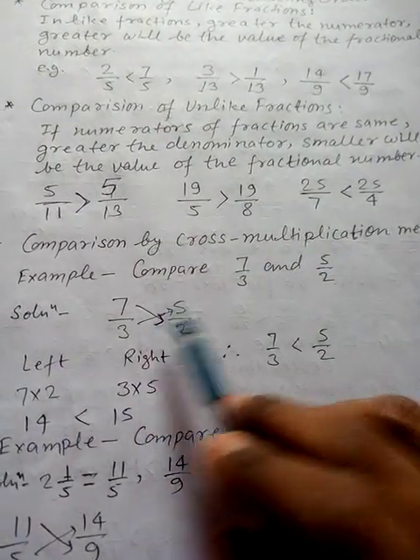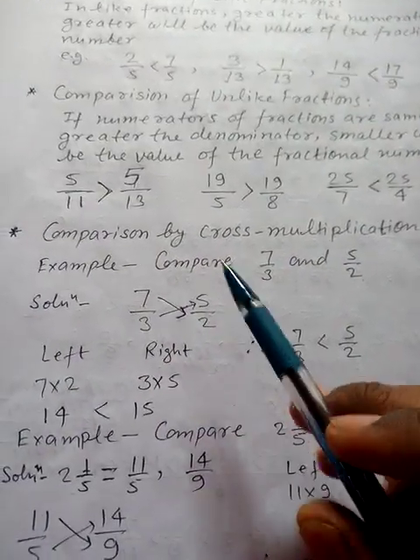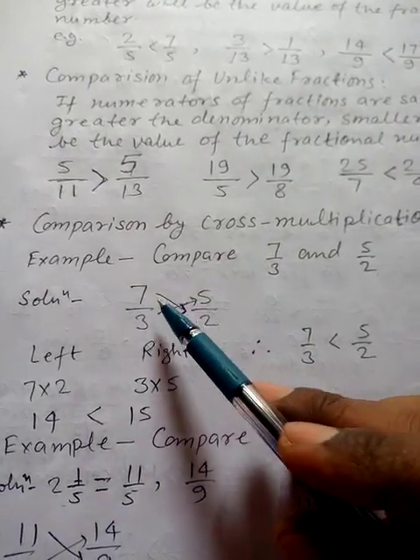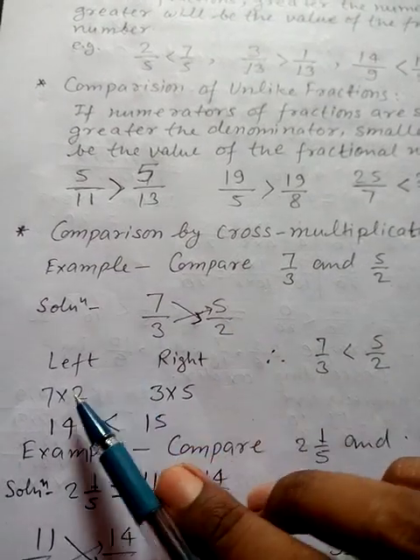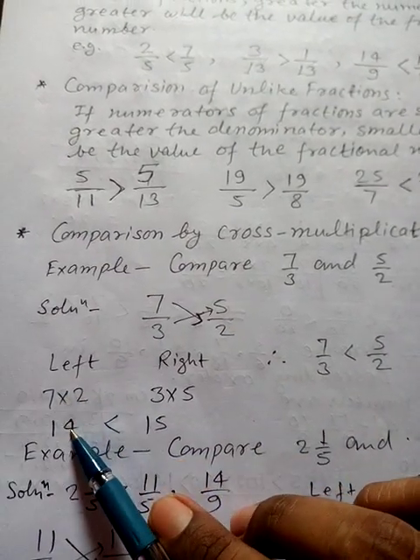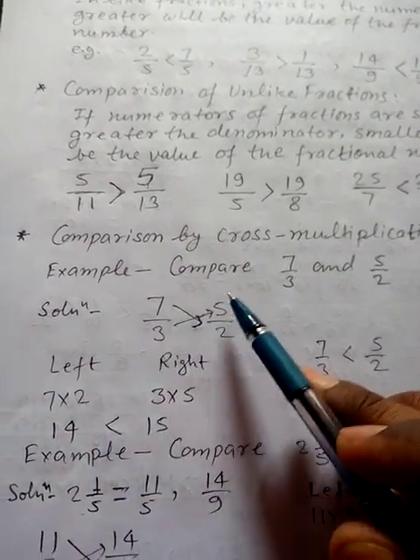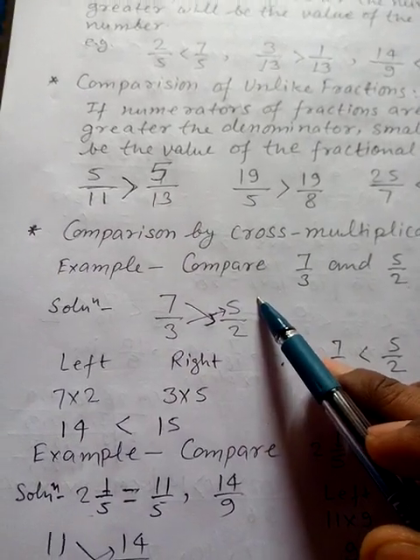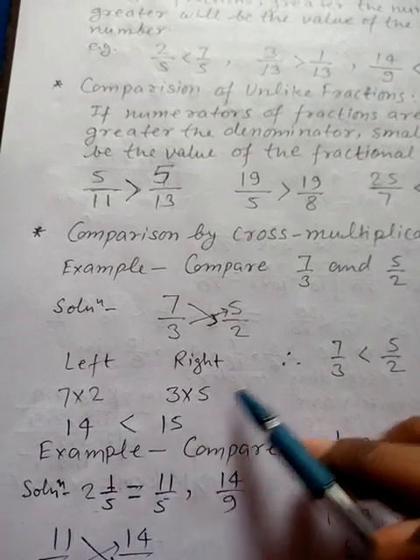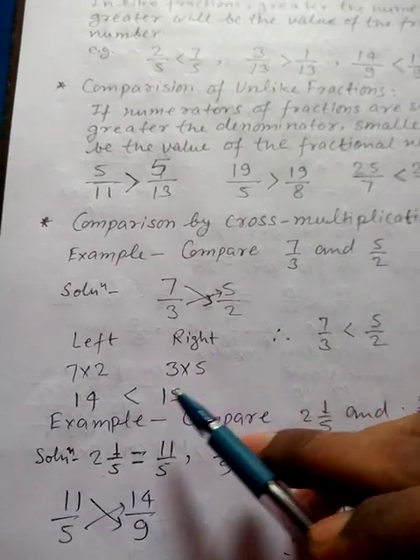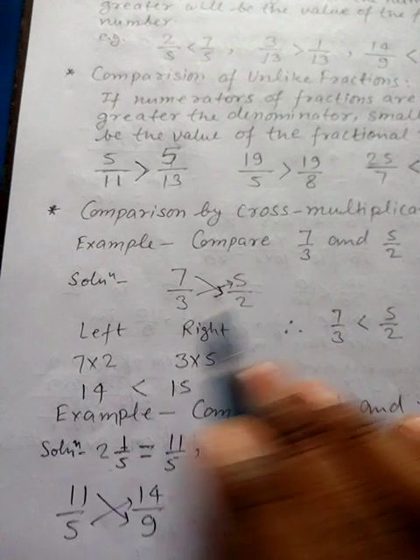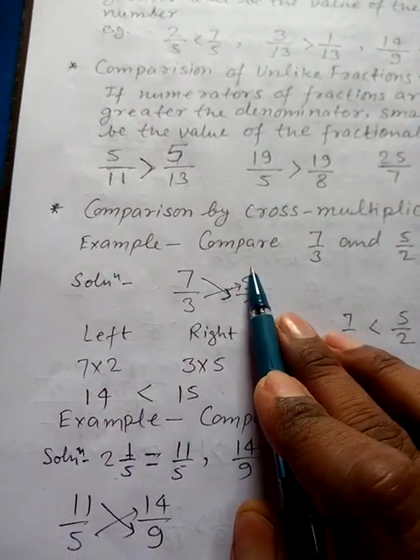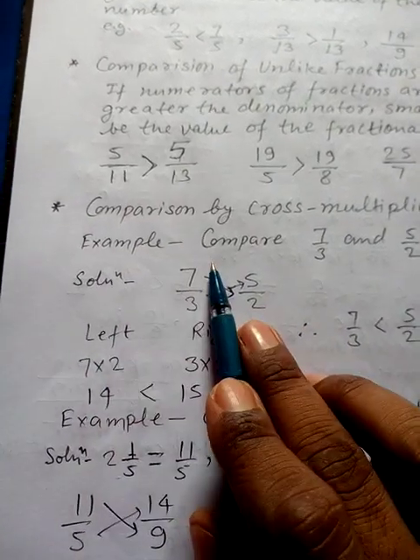First you have to multiply the numerator of the first number and the denominator of the second number. So 7 into 2, write on the left side 7 into 2, that is 14, and 3 into 5, that is the denominator of the first one and the numerator of the second one, write on the right side 3 into 5, 15. And if 15 is greater, that side of the fraction is greater, so 5 by 2 is greater than 7 by 3.